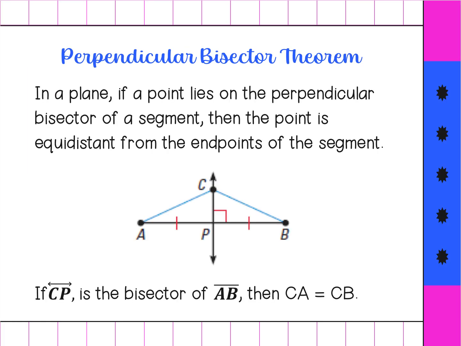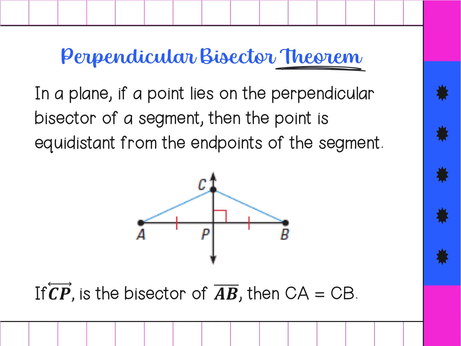All right, perpendicular bisector theorem. This is now the theorem, so I'm just going to underline it so we know it's the theorem. What this says is in a plane, if a point lies on the perpendicular bisector of a segment, then the point is equidistant from the endpoints of the segment. I know that's a lot, so I'm going to highlight.